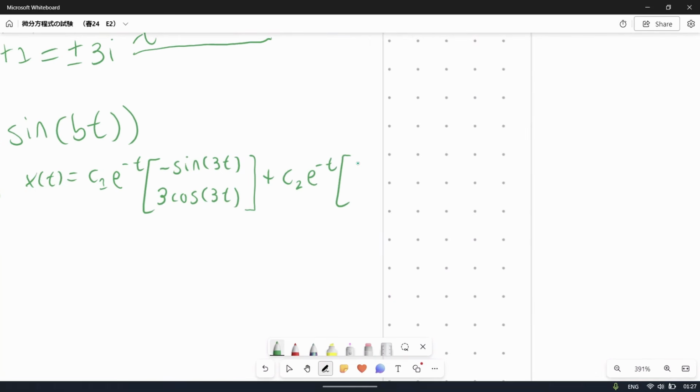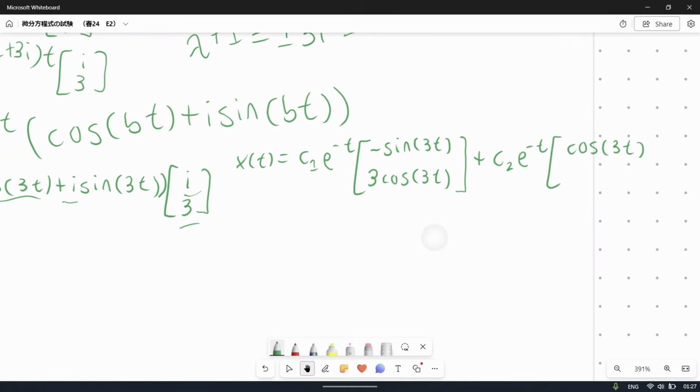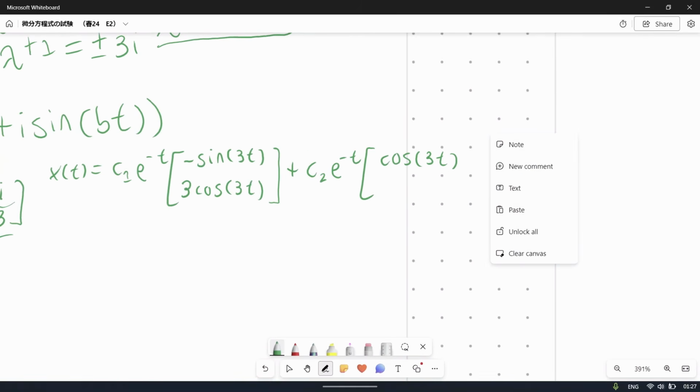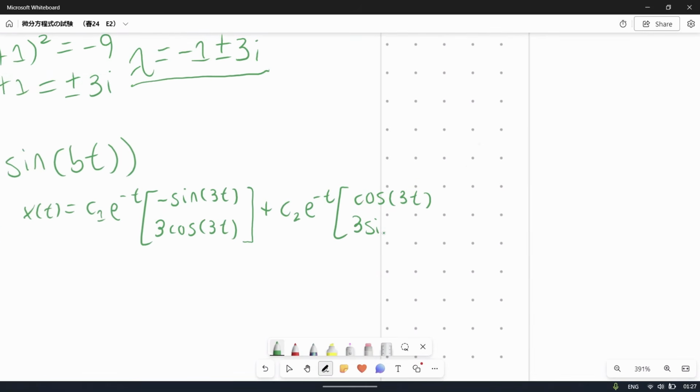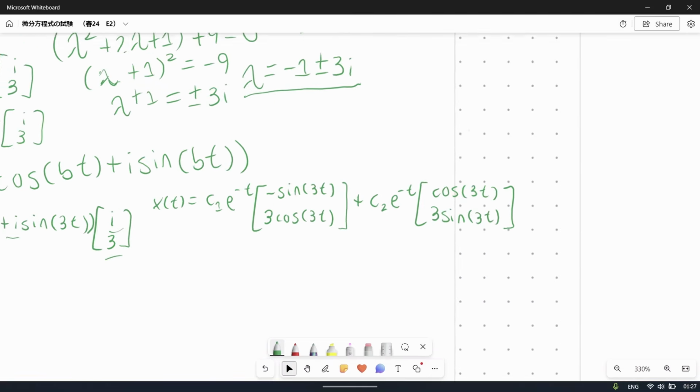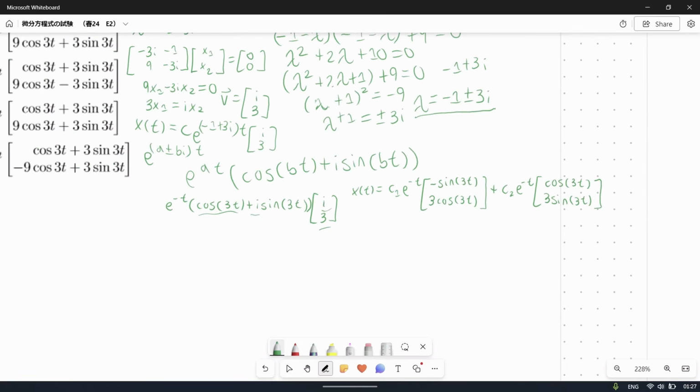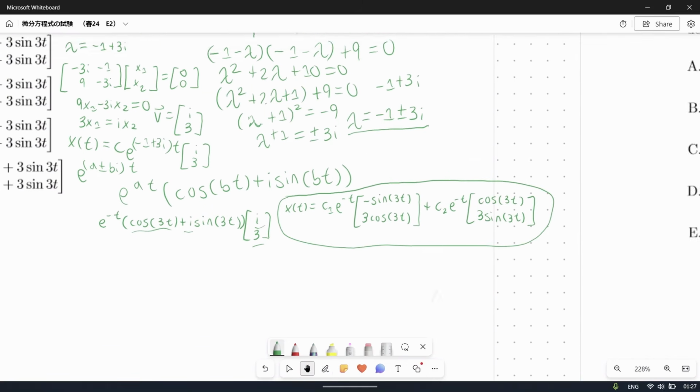Then we don't have to write the i's here, so we just end up with cosine of 3t. We do the same thing for the bottom, so we end up with 3 sine of 3t without writing the i. There we go. So our general solution to this system ends up being this equation right here.